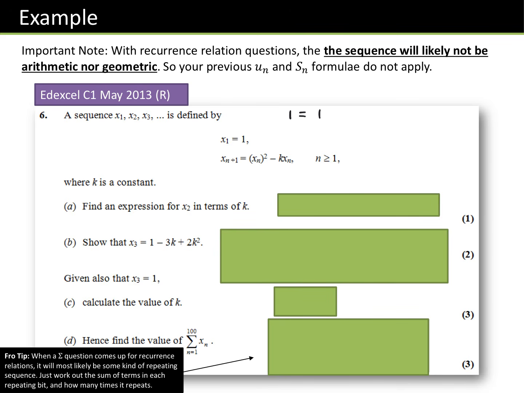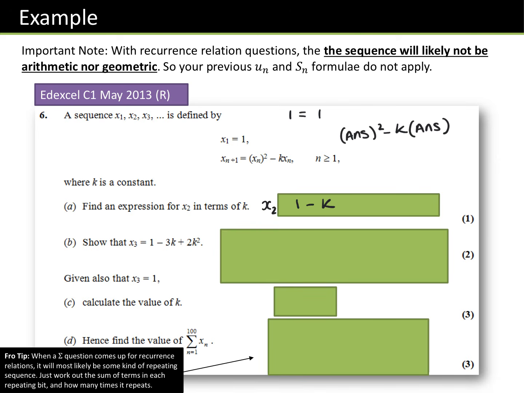And then what I would put into my calculator is bracket answer squared minus k lots of my answer. Because I'm going to substitute in my answer as k. Then this is going to give me my next one. So I'm going to get 1 squared minus k lots of 1. Okay? Which we know is 1 minus k.